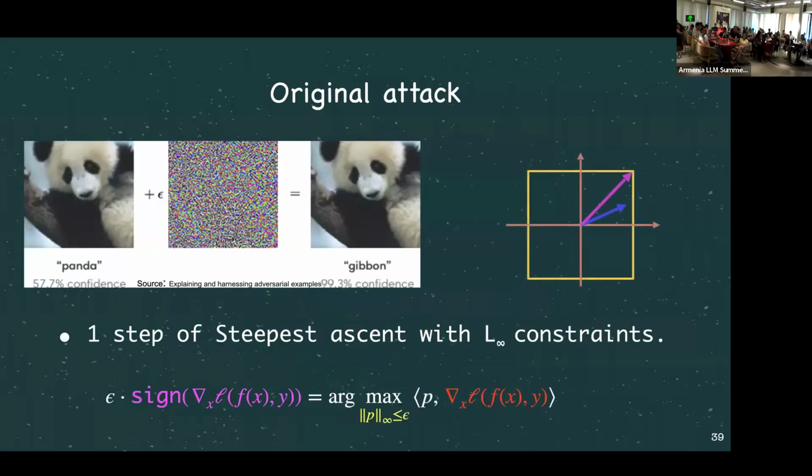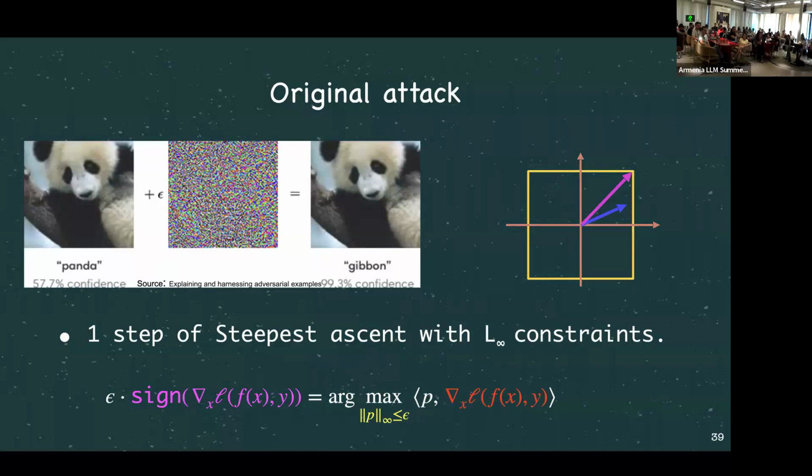The intuition is the following. Take two pixels. This is the correct input, and you're allowed to change this first pixel by a value that goes from minus epsilon to plus epsilon. The gradient is pointing in a certain direction, and what you want is to be as far as possible from the input. This is the normal image, and the allowed region is around it under this constraint.